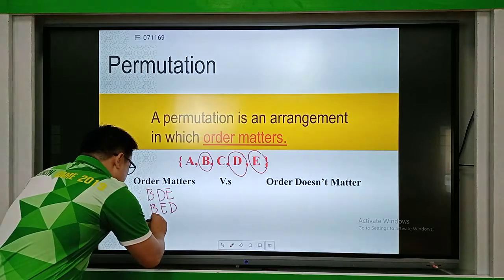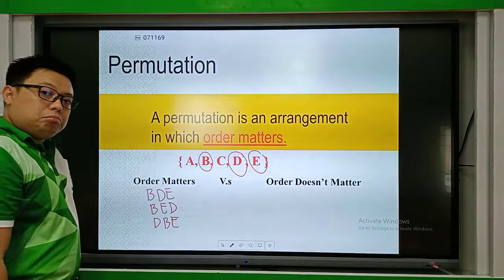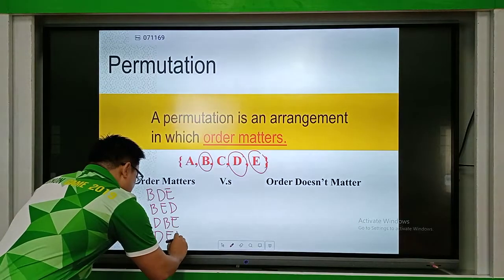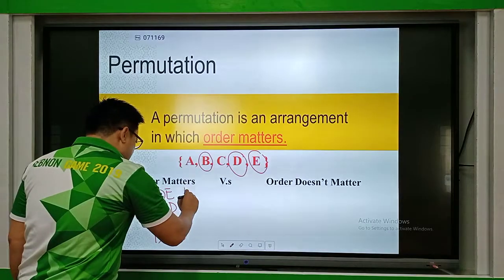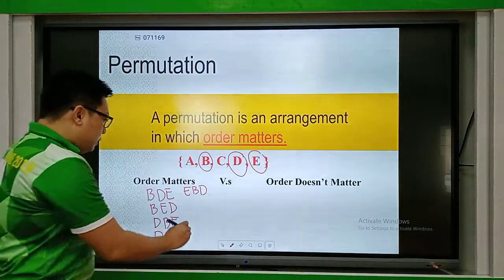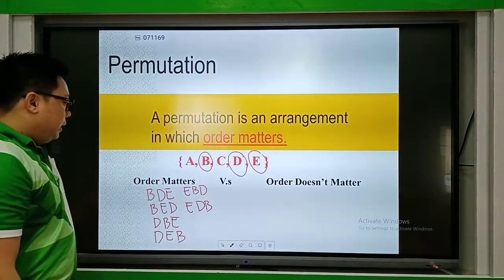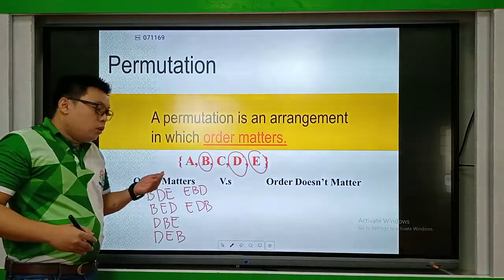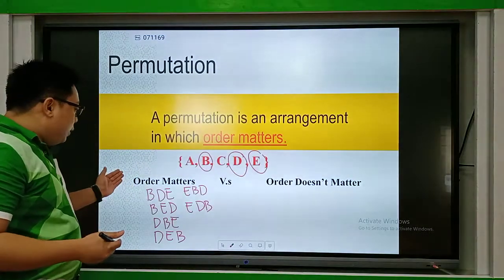We can have D, B, E, D, E, B. What else? We have E, B, D, or we can also have E, D, B. So order matters. It matters who goes first, what is the next letter, or what is the third letter.